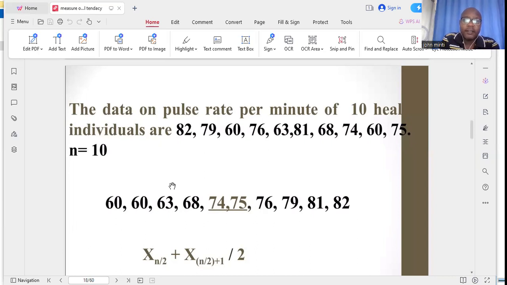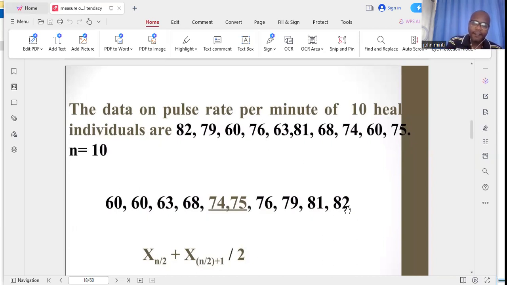So if you arrange this data in ascending order, we get 60, 60, 63, 68, 74, 75, 76, 79, 81, 82. Our data is in ascending order.